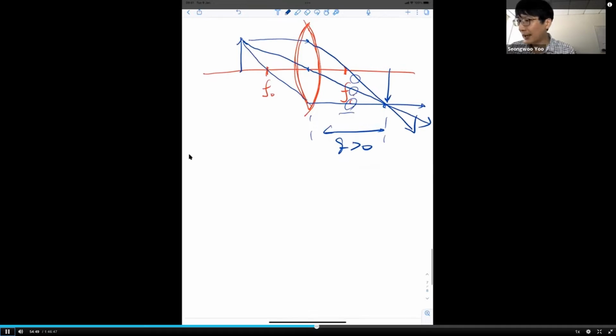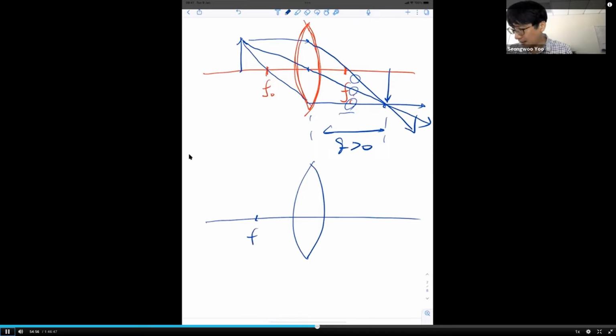Now, I'm going to repeat this ray construction for this case. Now, our object is placed here. Let's see what we are going to end up with. I'm going to introduce the parallel incident ray, and the parallel incident ray will refract through the focal point.